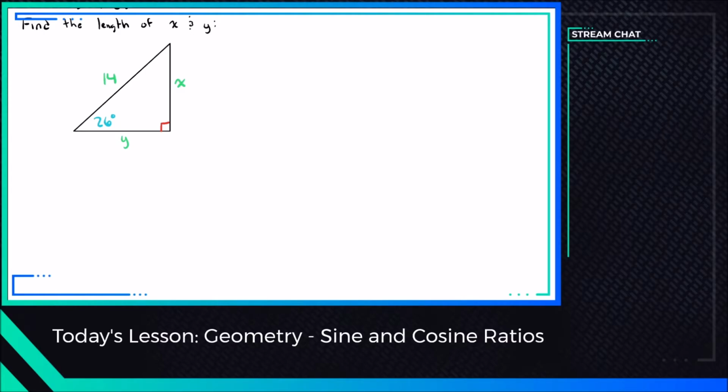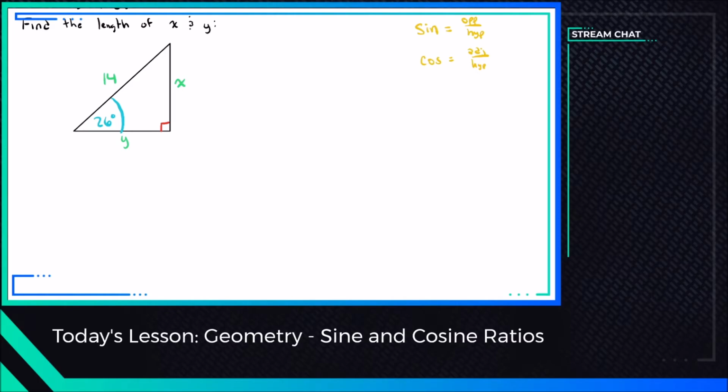Since we're only given this one angle to work with, we can use sine and cosine to find these different lengths. Because sine, remember, is going to be opposite over hypotenuse, and cosine is going to be adjacent over hypotenuse.